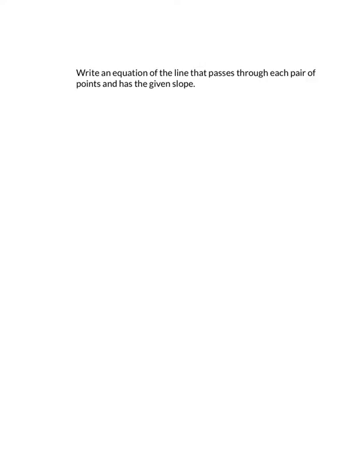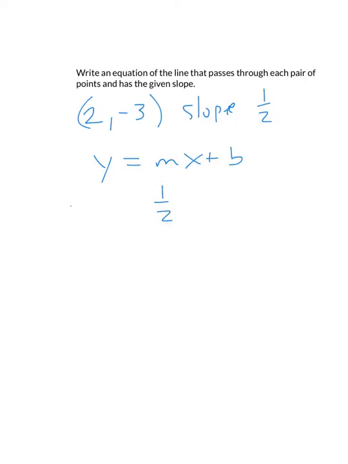What if they gave you an ordered pair of (2, negative 3), and let's say they told you the slope was 1/2. For this, all you're doing is plugging it in. So y equals mx plus b. We know that the slope is 1/2, so in place of m we put 1/2.